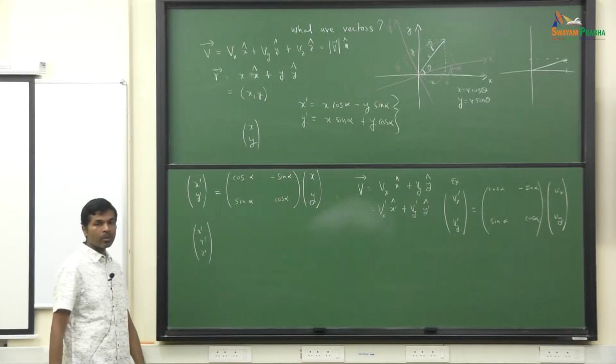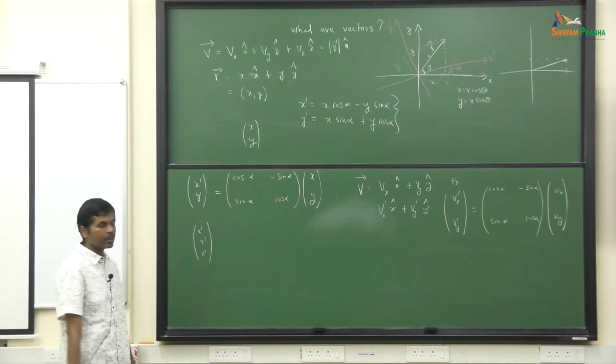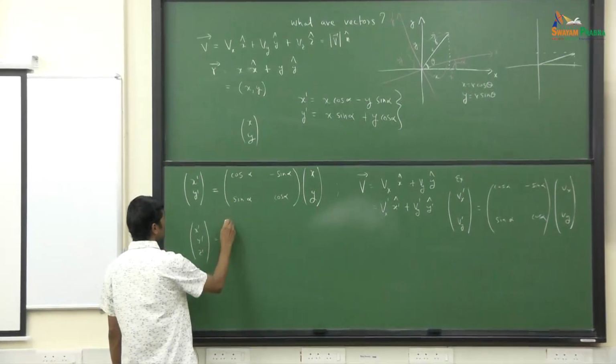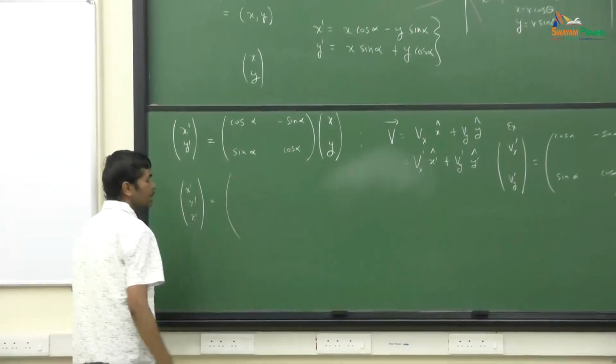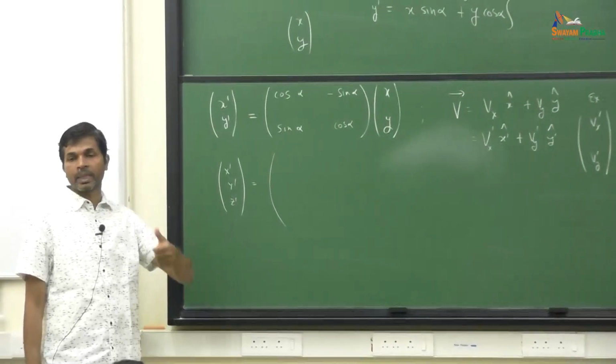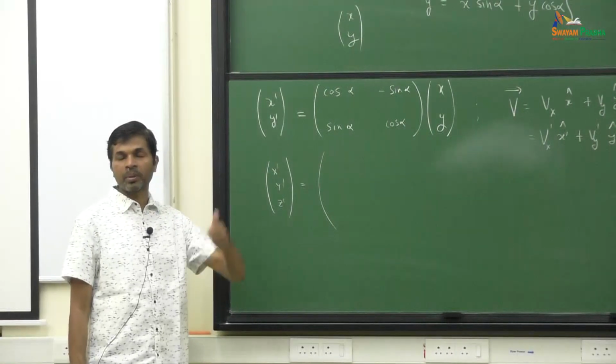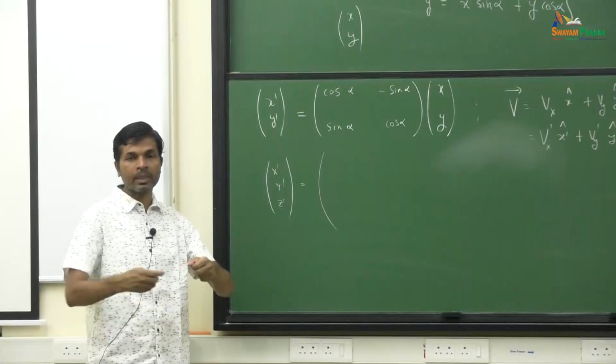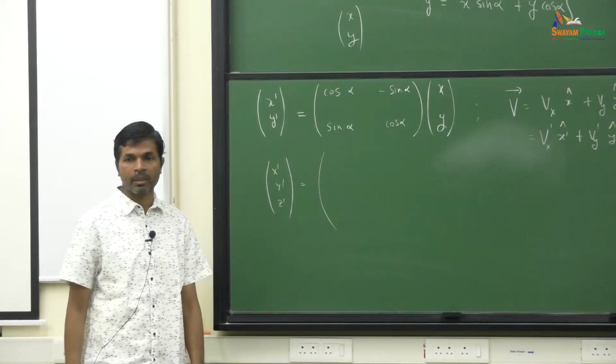Suppose I rotate about the x-axis, in the yz plane, by an angle gamma. What will it be? The x value will not change, only the yz values will mix among themselves.